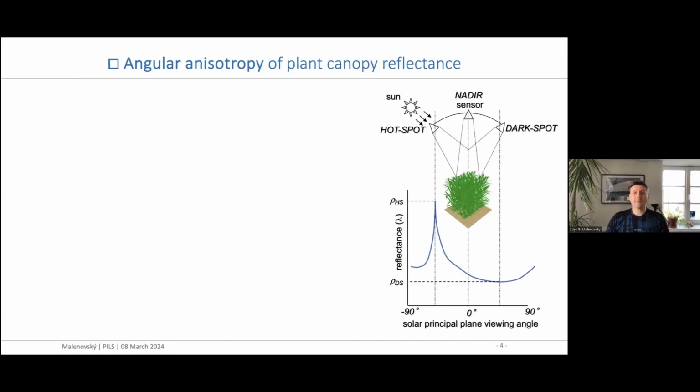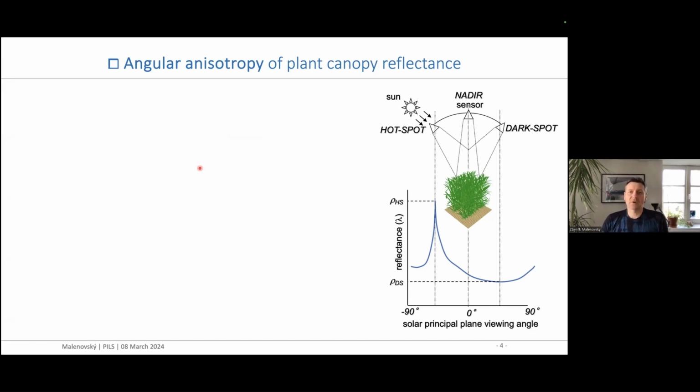So let's start from top down, from our remotely sensed data. Many PhenoRob scientists are using drones as an acquisition platform. There is a lot of RGB imagery being processed or multispectral images with the high spatial resolution.